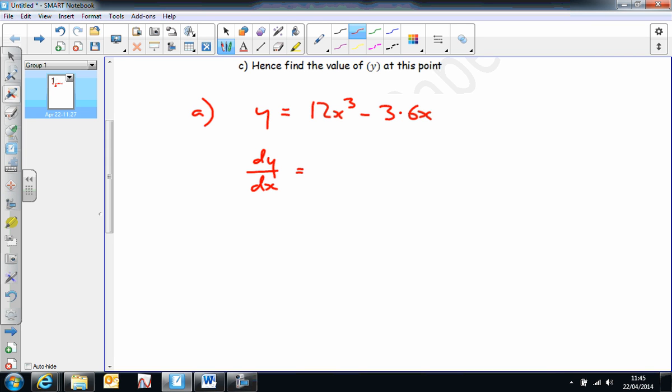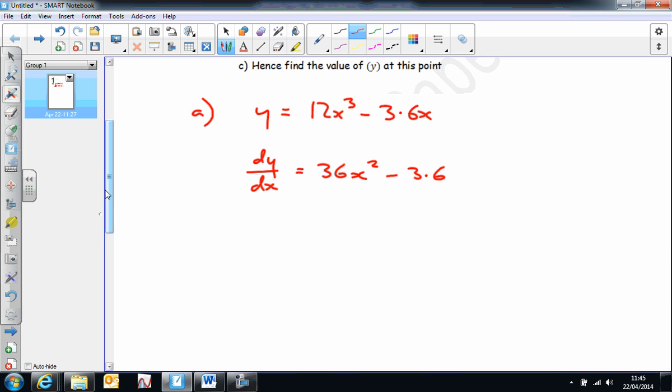So the differential is going to equal, now bring the 3 down and times that by the 12 to get 36, and then I take 1 off the power, so x cubed becomes x squared. In differentiating 3.6x, the x disappears, leaving just 3.6. So that's the differential, and that's the answer to part A.